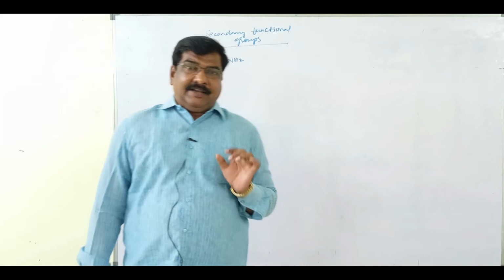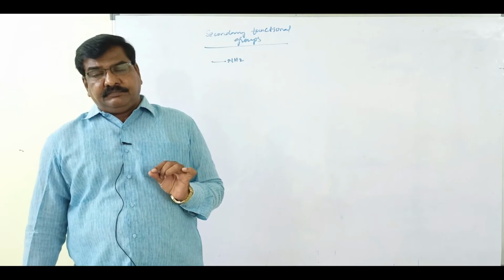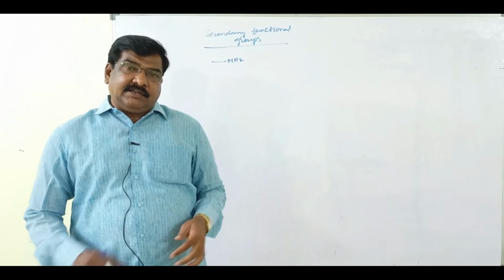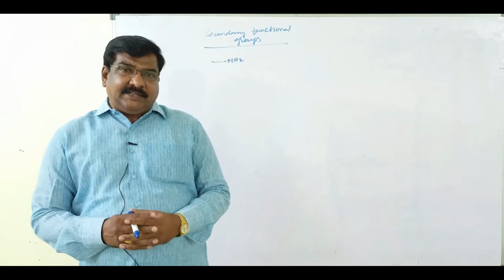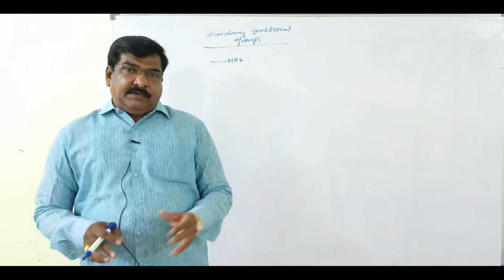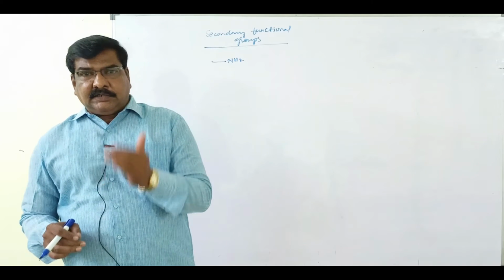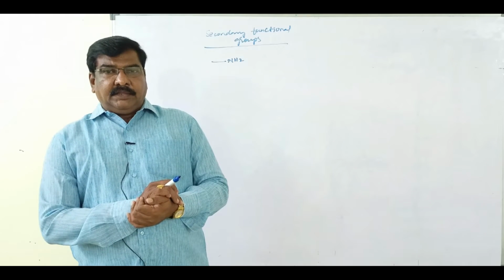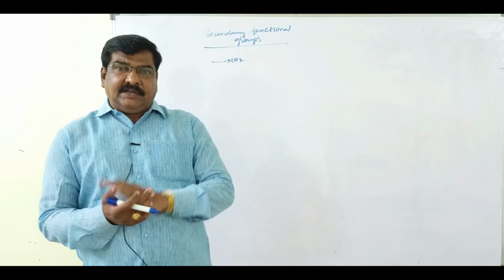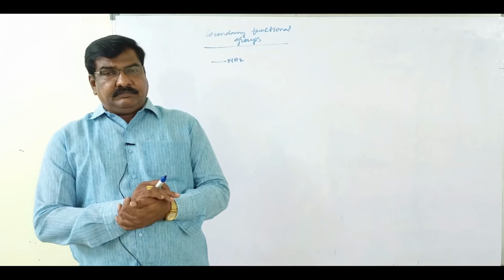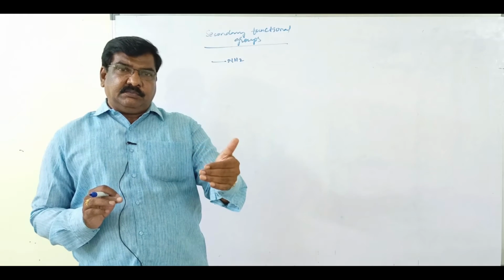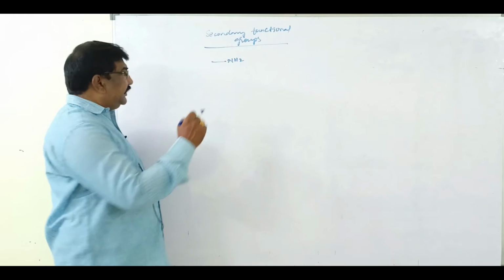But while writing the IUPAC name, they are written in order of alphabets. We should follow alphabetical order. For example, if amine and chloro both are there, first you have to write amine and then chloro. If amine, bromo, chloro are there, write amine and then bromo, after that chloro.